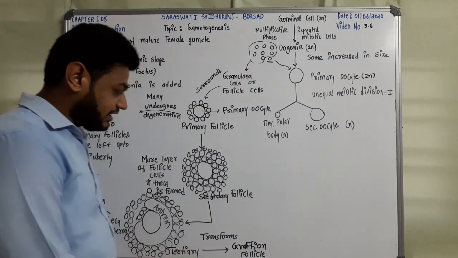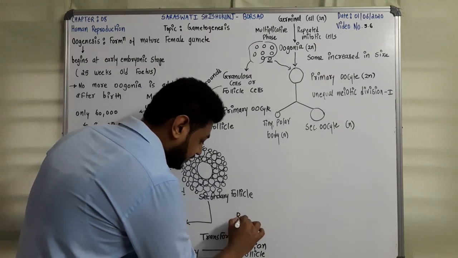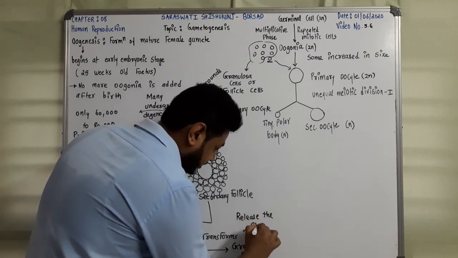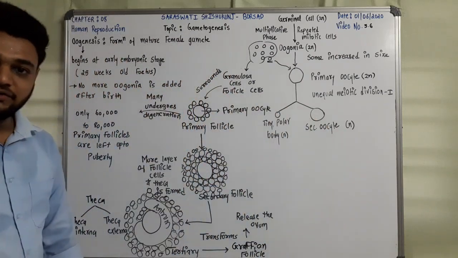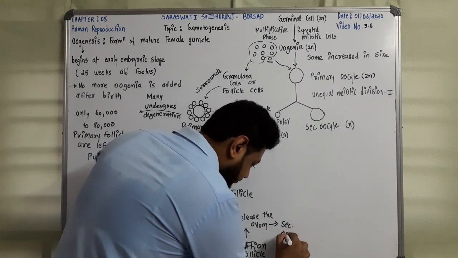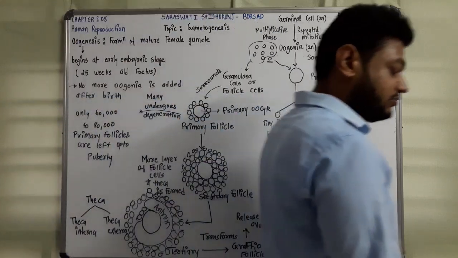Okay, now it is ready to release the ova at the stage called secondary oocyte. Ovum is at which stage? Secondary oocyte.